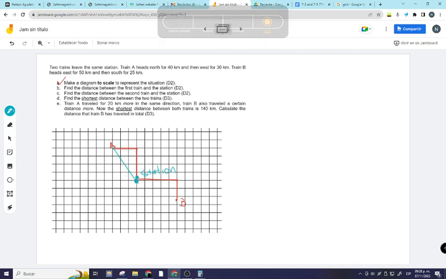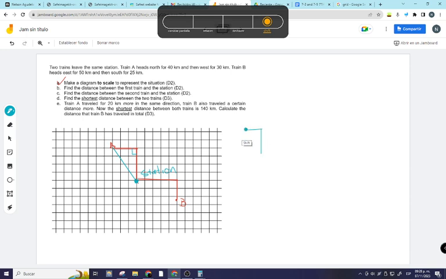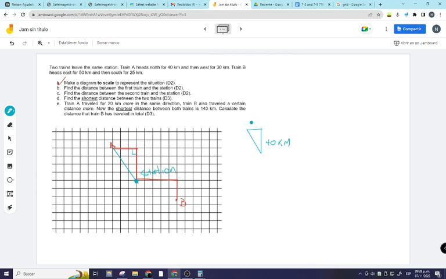And since with the directions the train had, we form a 90-degree angle here, we just need the hypotenuse of this right angle triangle. So let's redraw it here. This would be 40 kilometers. This would be 30 kilometers. And this would be, let's say, x.